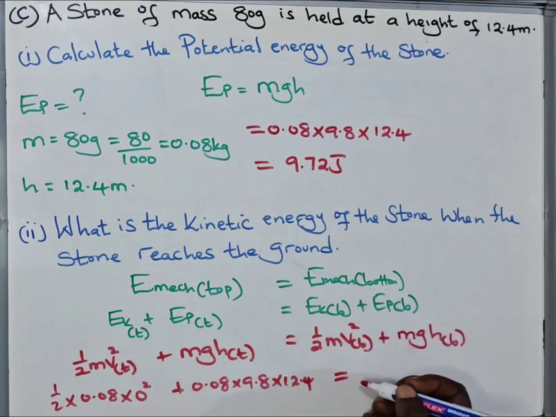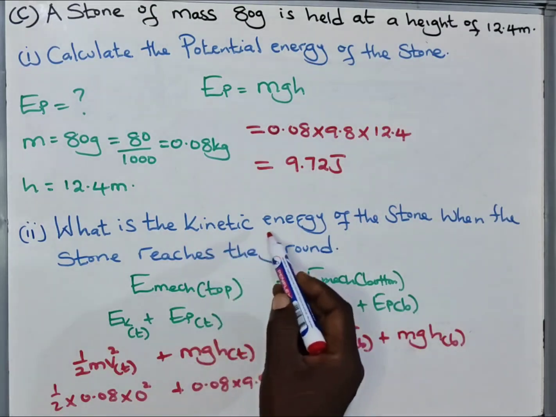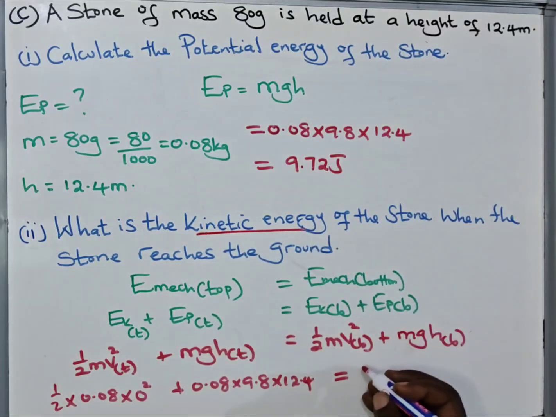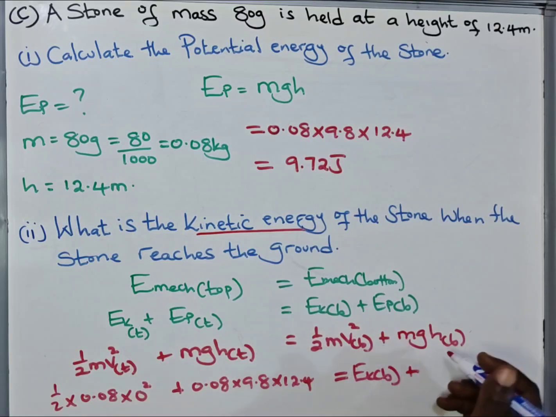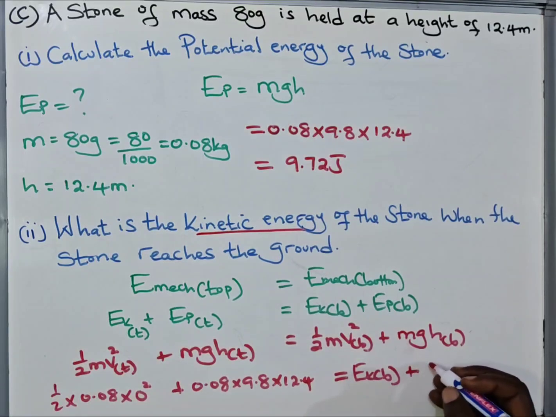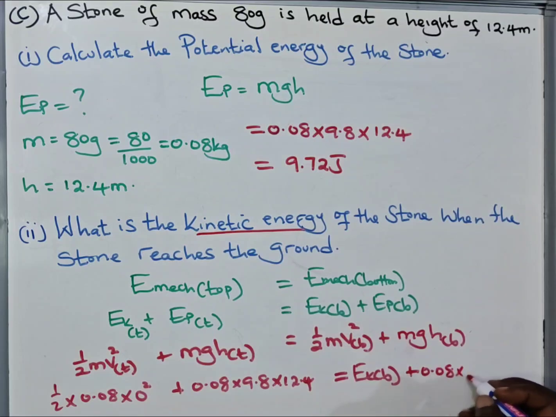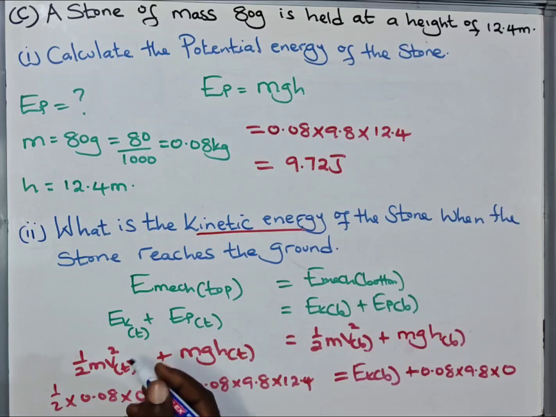Because we are calculating the kinetic energy, we can leave it here as EK at the bottom. But when we substitute for this one, it's going to be 0.08 times 9.8, and on the ground the height is 0. So from this information, what do we get?